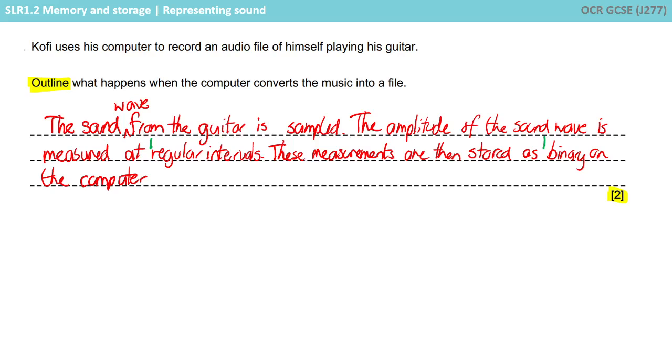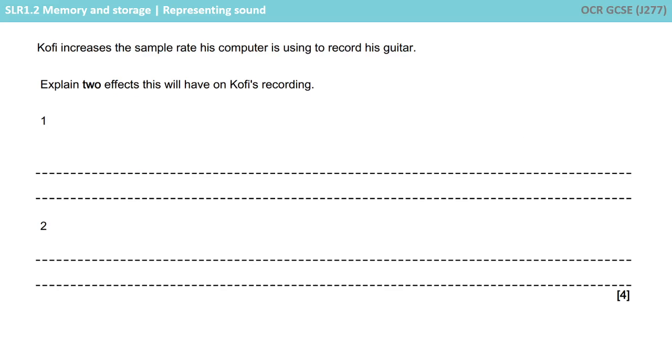Okay, let's move on to the next one. This is still on the same thing about coffee. Here it says coffee increases the sample rate his computer is using to record his guitar.